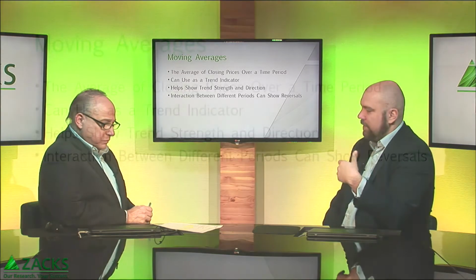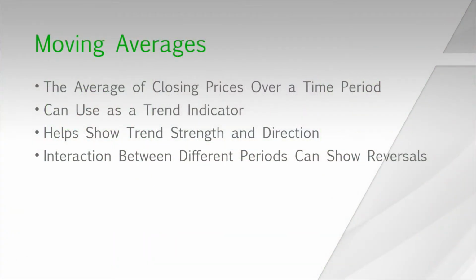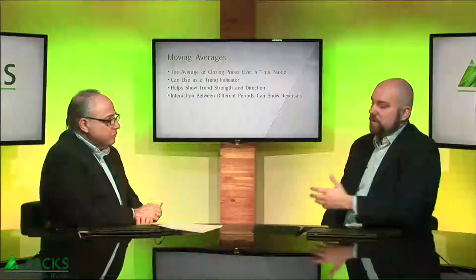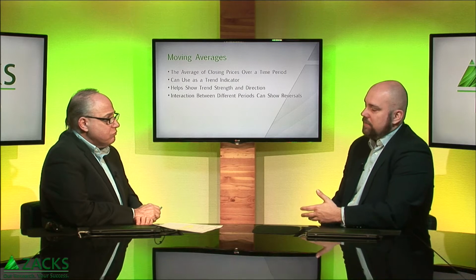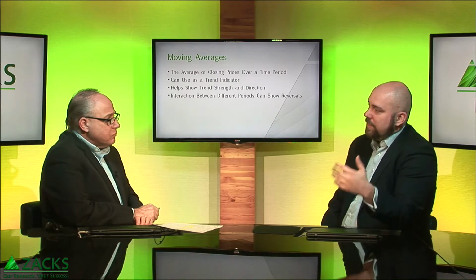You can also tell different stages of trends by using 3 of these in conjunction with each other. For example, if you use a 20-day, a 50-day, and a 100-day moving average, you can use the 20-day moving average to determine what's going on in the short term, and then look at the longer term moving average, like the 100-day, to determine what the overall longer trend has been.